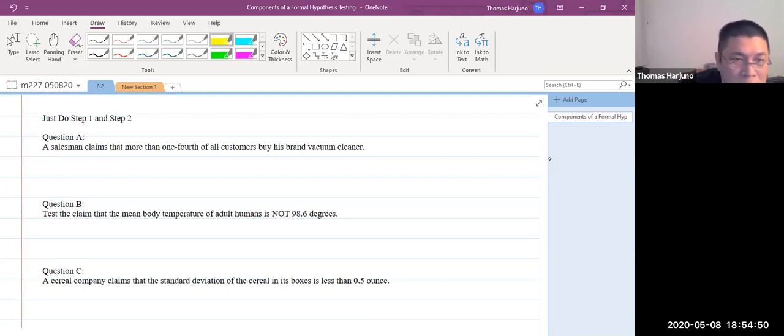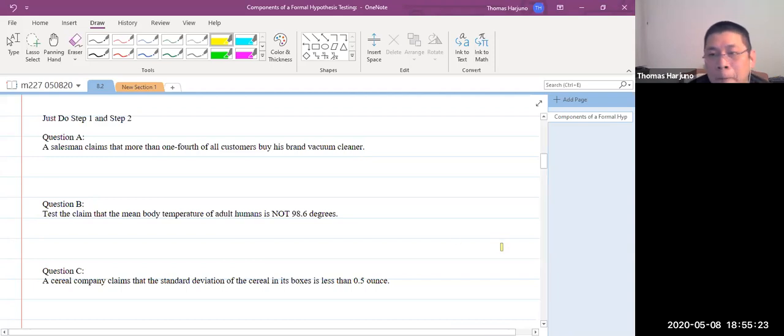Question B: test the claim that the mean body temperature of adult humans is not 98.6 degrees. So what's the claim? The mean body temperature of all adult humans is not 98.6 degrees. Likewise, question C. In these questions A, B, C that I will ask you to work on later on, the claim is actually very explicit. You basically copy and paste that.